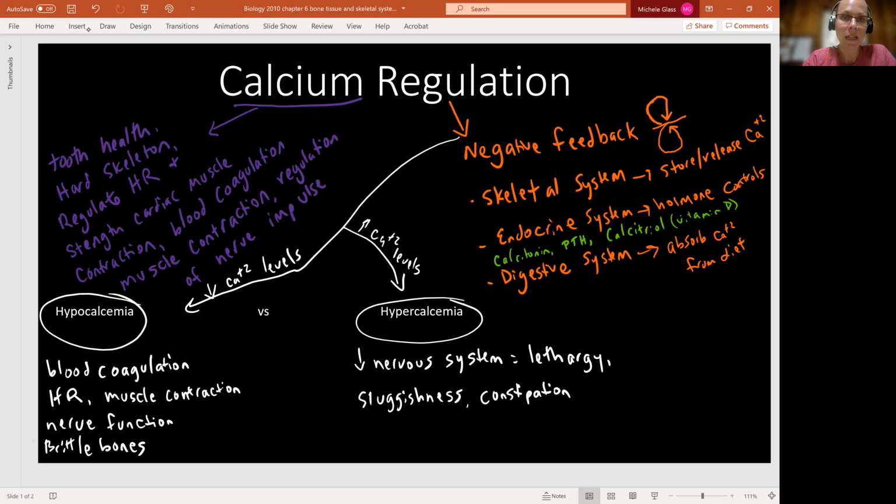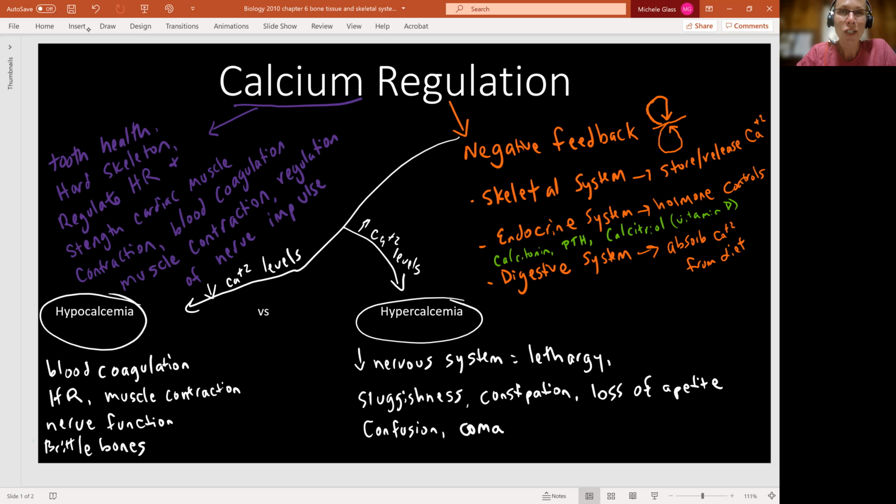And this can be connected with problems with muscle contraction, right? And problems with the nervous system, loss of appetite, confusion. And at worst, we can see a coma, okay?